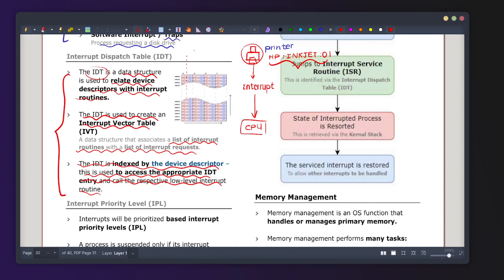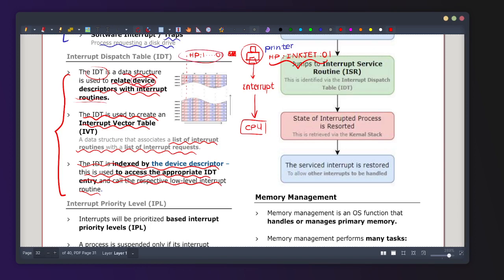Basically, what is the routine or subprogram to run when the printer is plugged in. So there is probably one row in this interrupt dispatch table that says HP Inkjet 001 should run this program when plugged in. That's what it means to relate device descriptors with interrupt routines.